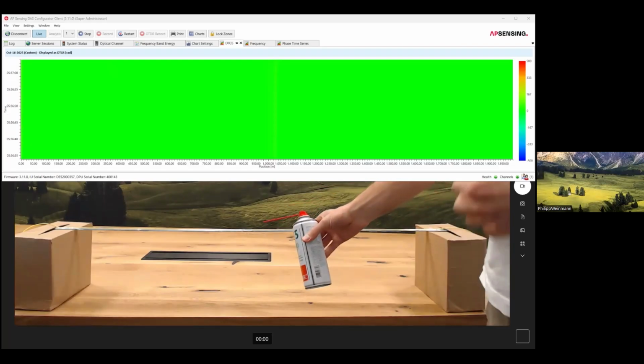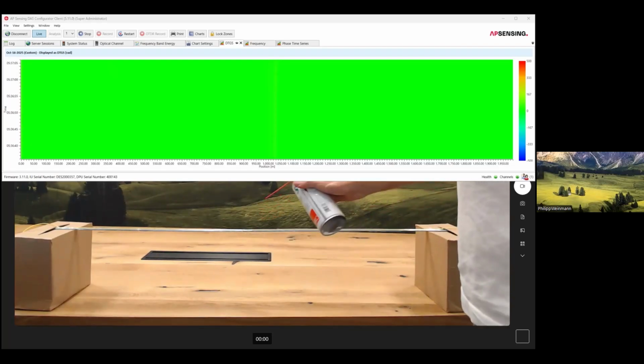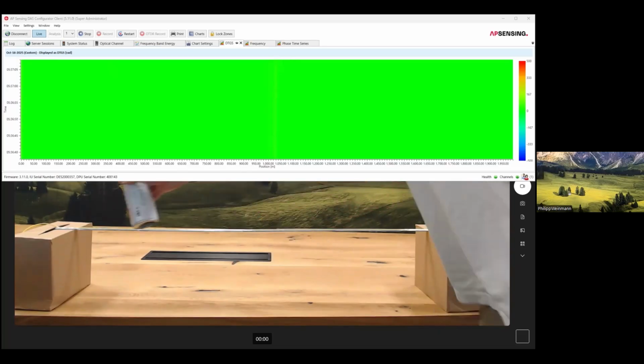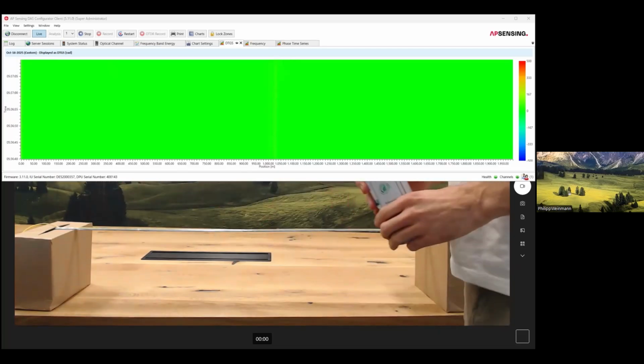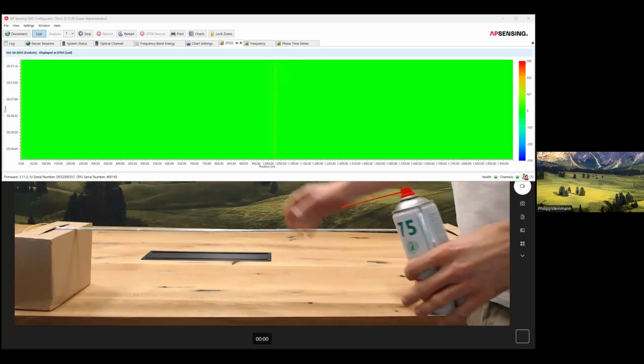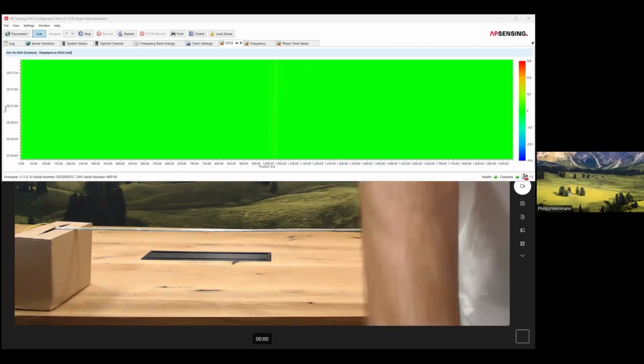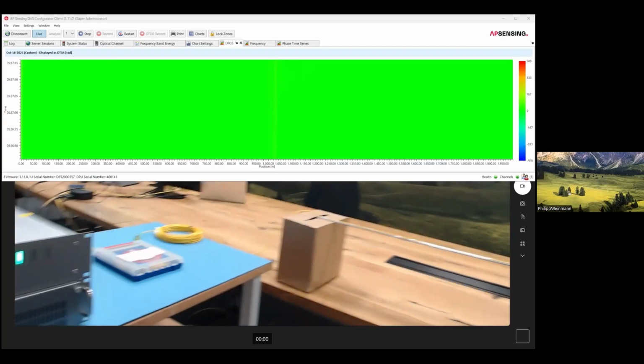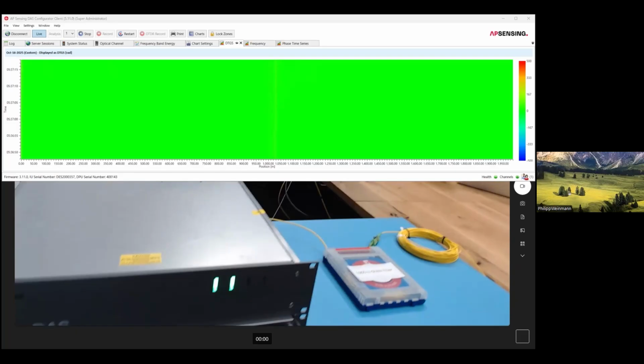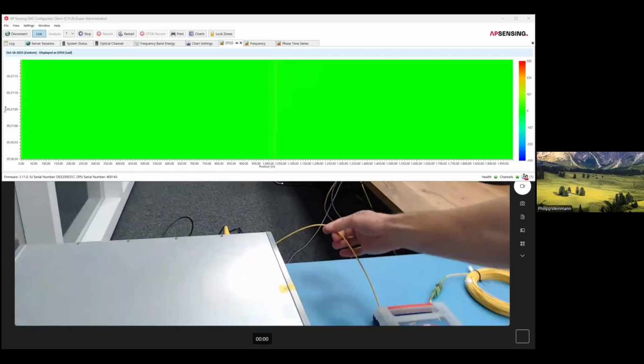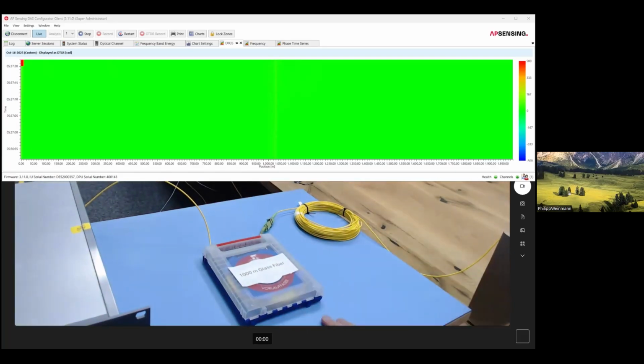So here's the ice spray I'm going to use, and I'm applying it now here on the center of the fiber. Just to show you, we have the DAS interrogator here. I have 1,000 meters of glass fiber here.